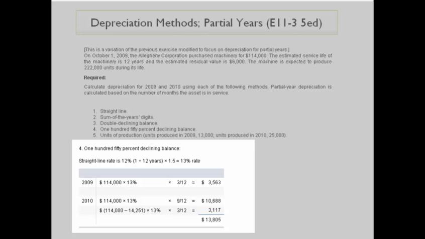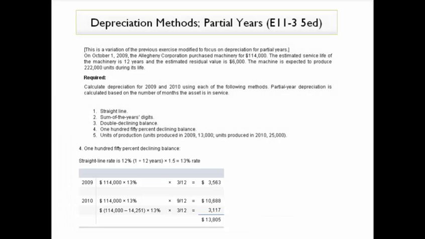We take the cost times the 13%, the new 150% declining balance rate, times 3/12 of the year for 2009. Then we take it times 9/12 for 2010, recompute the balance, 114,000 less what depreciation we've taken for 1 full year, and then multiply that times 13% to get the last 3 months of the second year's depreciation.